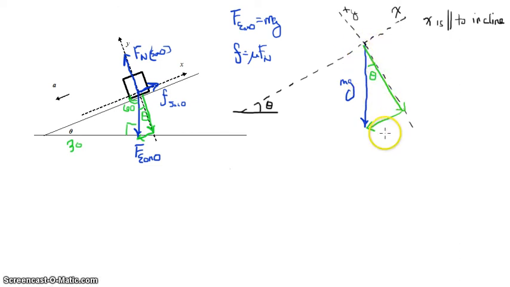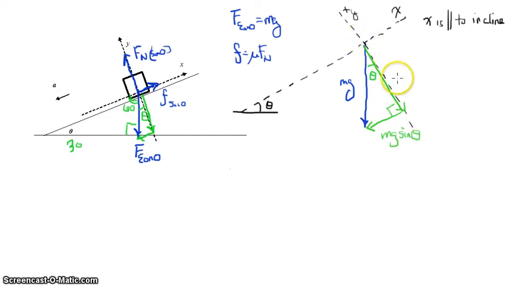So along the component along the x-axis, if this is my hypotenuse, this is my right triangle, this is going to be opposite of that. So this will be sine of theta is equal to the x component divided by mg. Or if we multiply through by mg, this will be mg sine of theta.